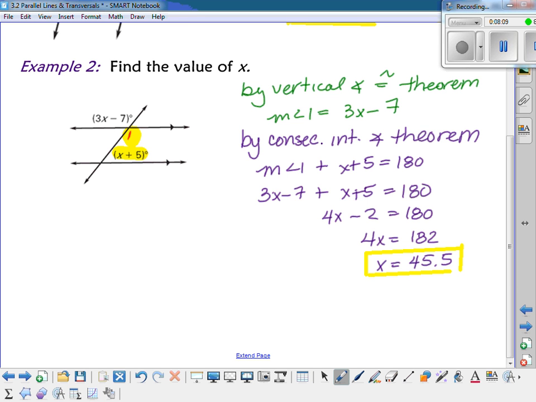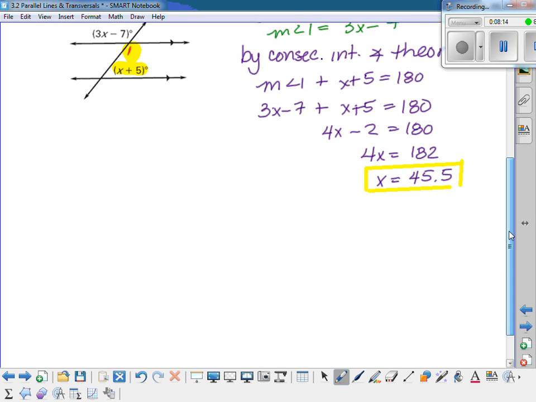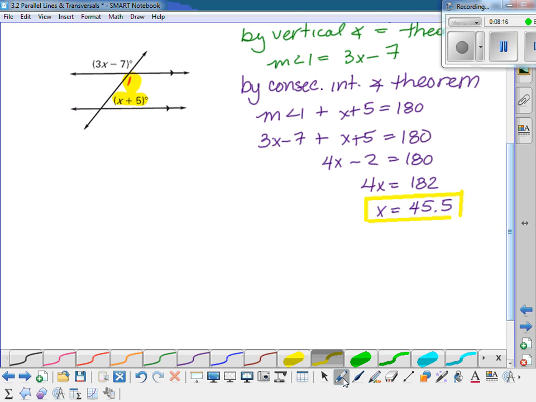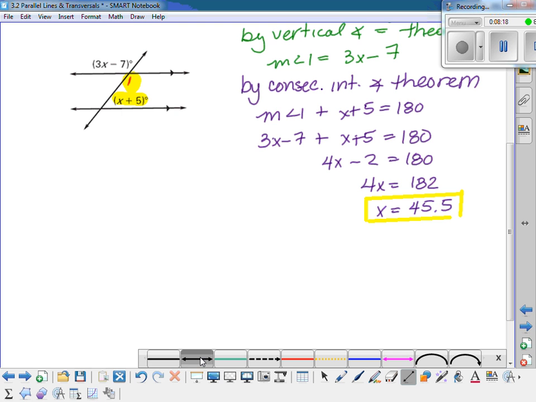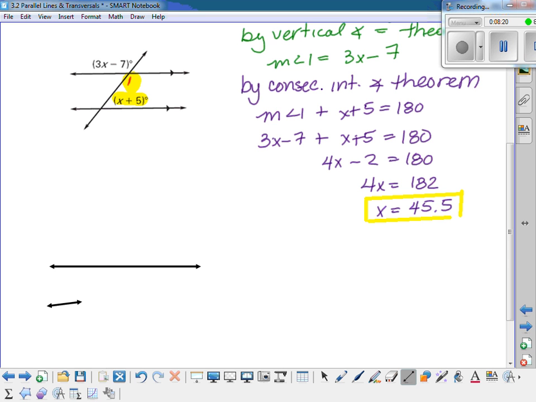Okay, so I'm going to have a couple of problems for you to try on your own. First I need to have a couple of parallel lines here and a transversal. Oops, that's not very parallel, is it?